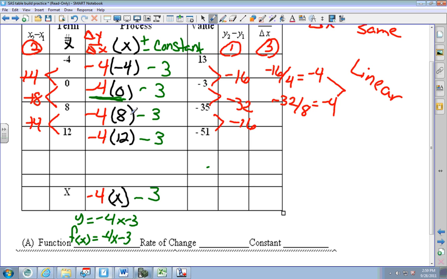All right, do you remember what this was called right here? That is the rule. Rate of change. Remember, rate of change is the same as the coefficient. That's negative 4. And my constant is minus 3, or negative 3.